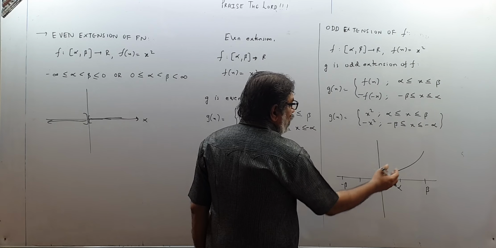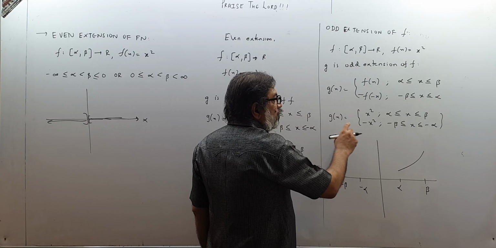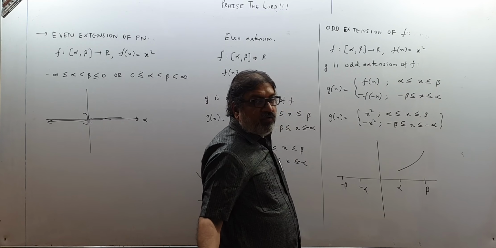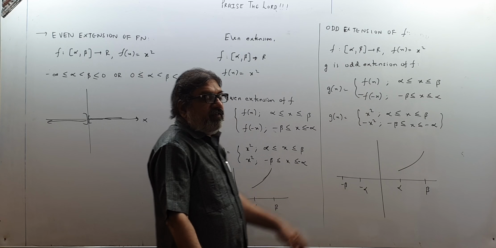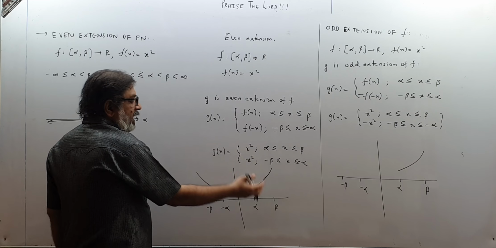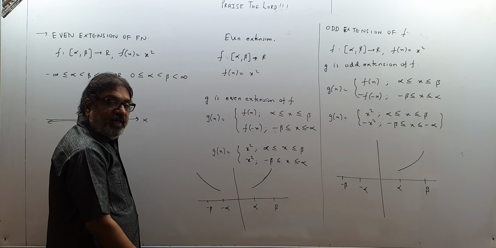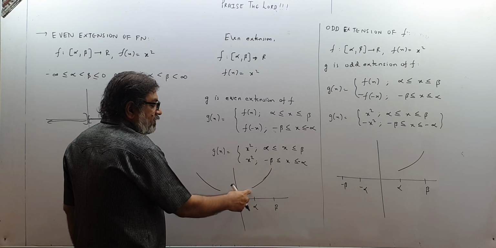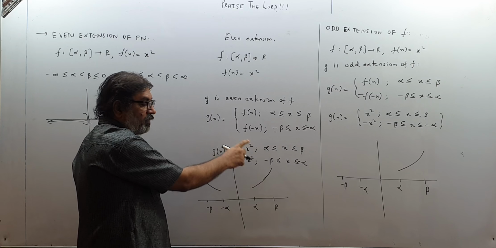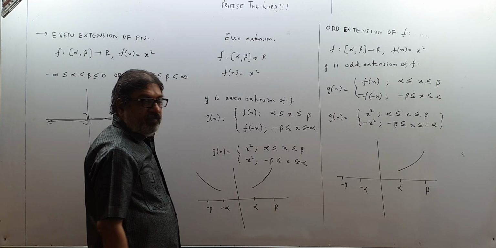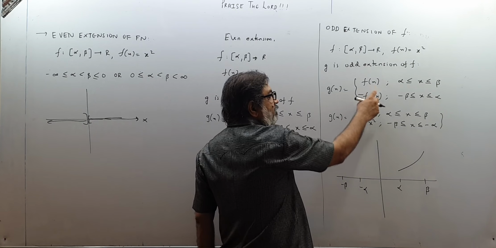So children, first take reflection about the y-axis. To get minus f of minus x, what do you have to do? Now understand nicely. From f(x), if I wanted f of minus x, I took reflection along the y-axis. So first from f(x) get f of minus x.